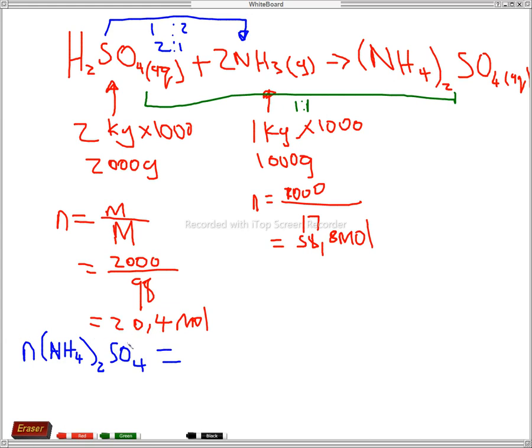The number of moles of this equation is therefore equal to the number of moles of NH3.